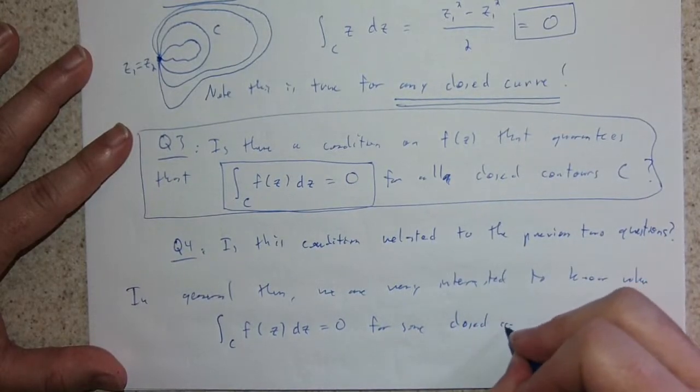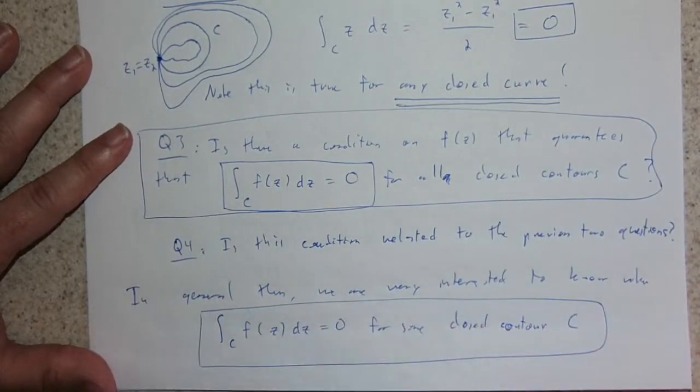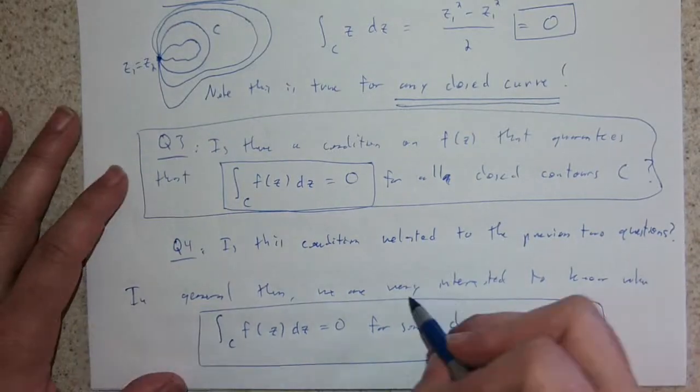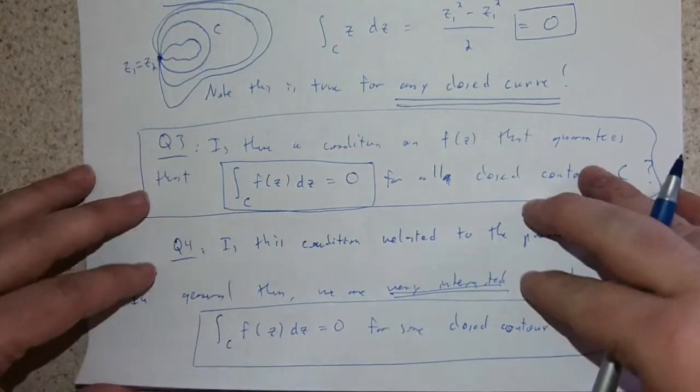So for some closed contour C. Okay, and this is going to be a central question going forward, and we're going to have a big named theorem that addresses exactly this question. So we're going to be very, very interested in when we're dealing with something like this.